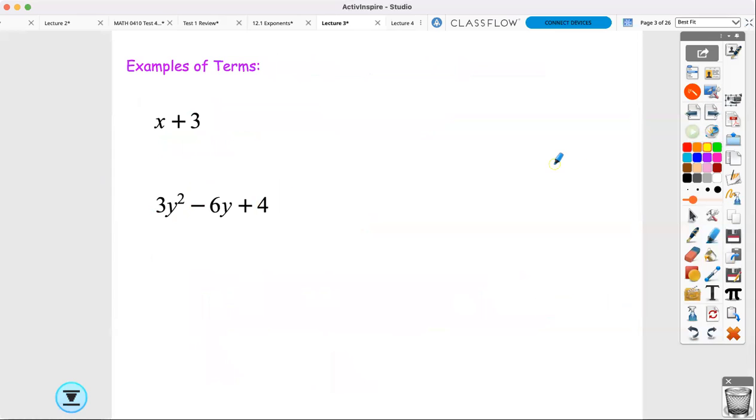So here are some examples of terms, guys. x plus 3, and 3y squared minus 6y plus 4. Can someone tell me how many terms they think are in x plus 3?